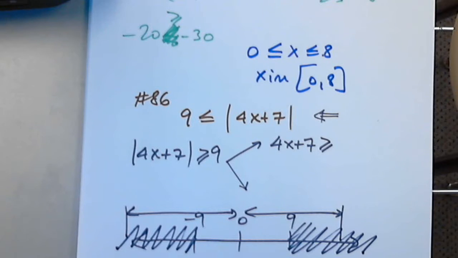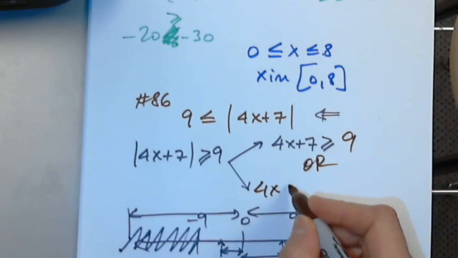Give them just one more second. I know you have the answer. Is that clear? If I include this, look, the distance is less than 9. If I include this, the distance is less than 9 units. So I cannot include anything here. So then what are the options? 4x plus 7 to be greater than or equal to 9.